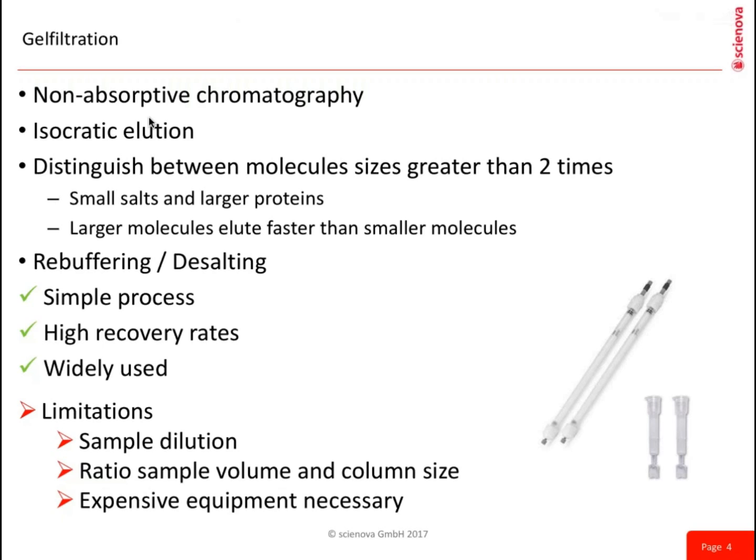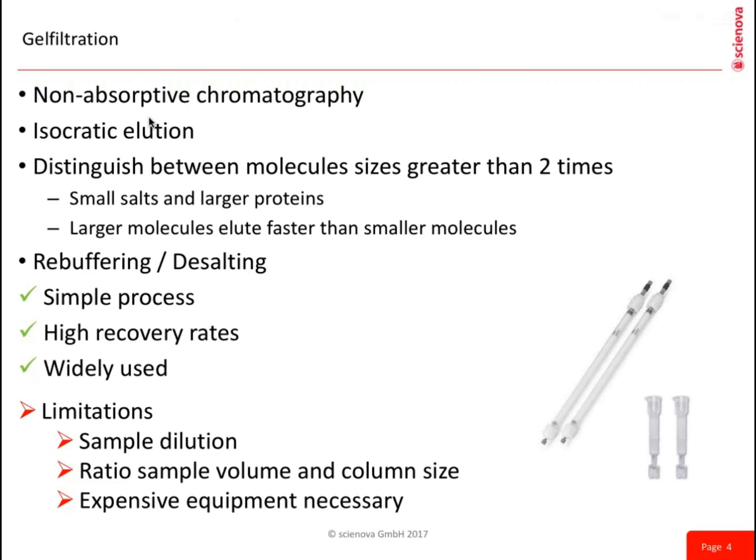But there are some limitations of this method. The first one is that this process is related with sample dilution, and after the gel filtration you have to concentrate your sample again to go on with further analysis. And the ratio of the sample volume and column size is very small.